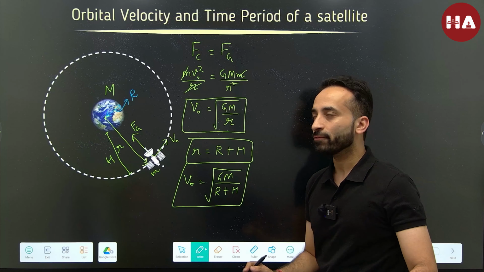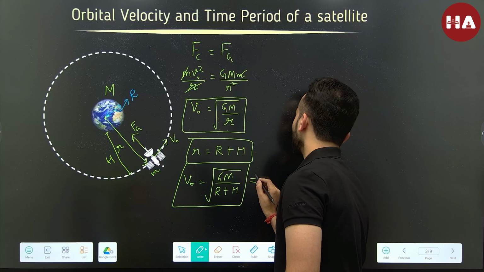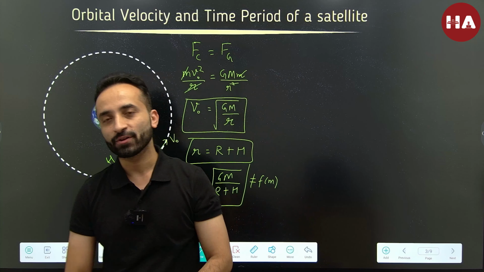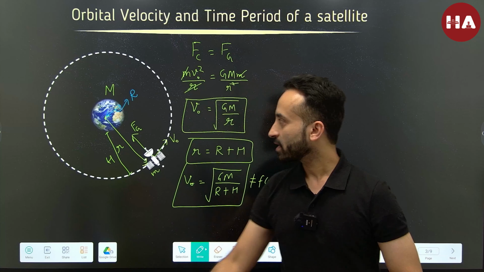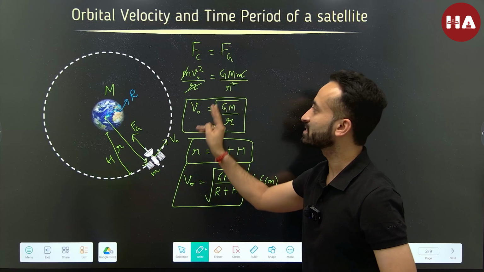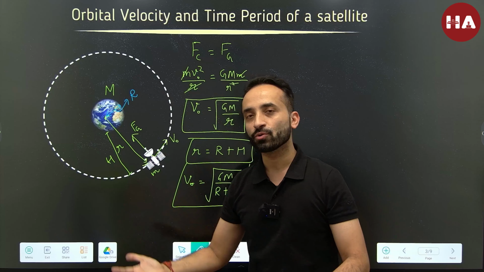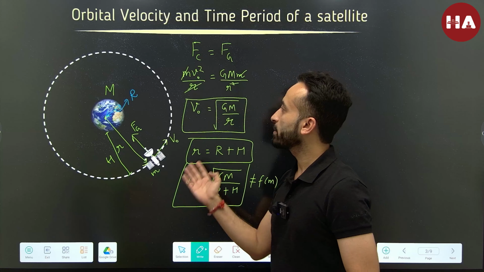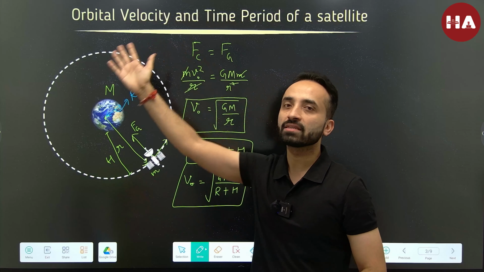And it thankfully does not depend on the mass of the satellite. Now why do I say thankfully? Imagine there are multiple satellites in the same orbit, which is very much true. We are launching so many satellites every now and then, so there might be multiple satellites in the same orbit.